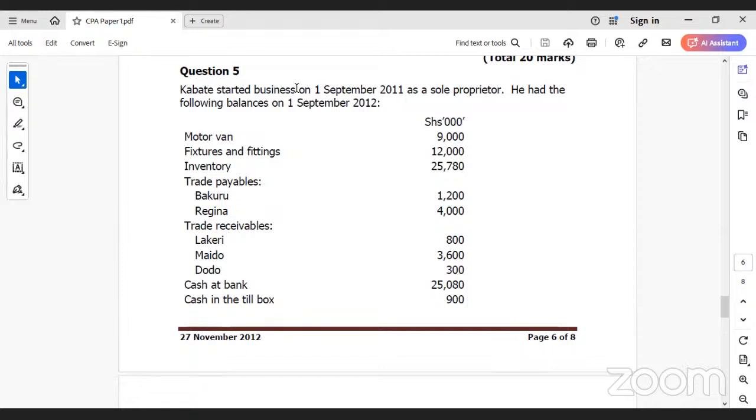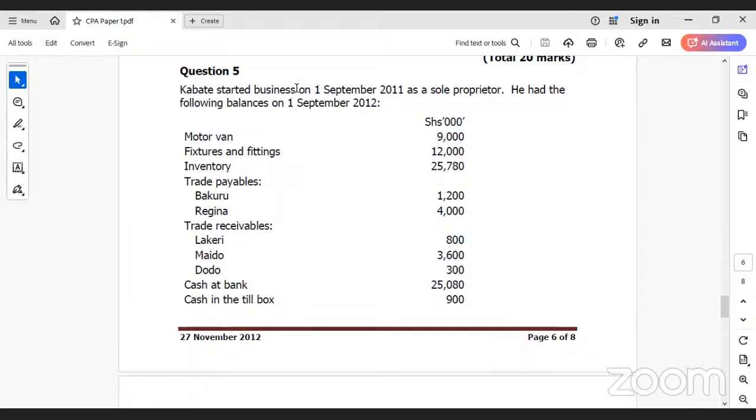Today we are going to see how we balance up the ledger accounts. That's what we are going to look at today in this session. How do we balance up the ledger accounts?